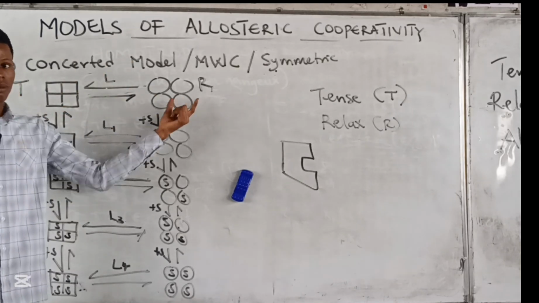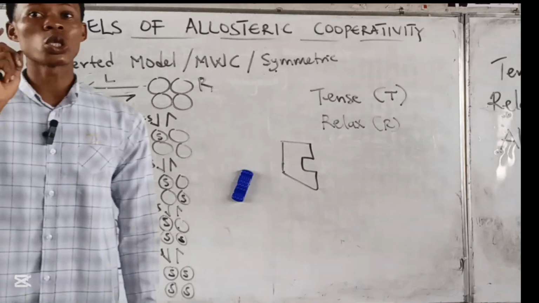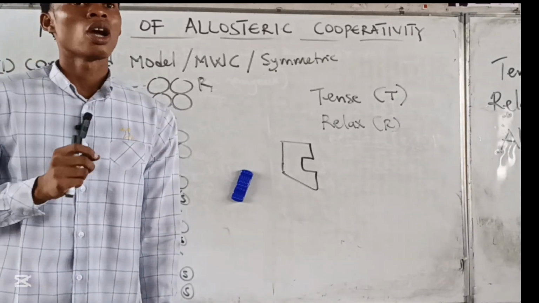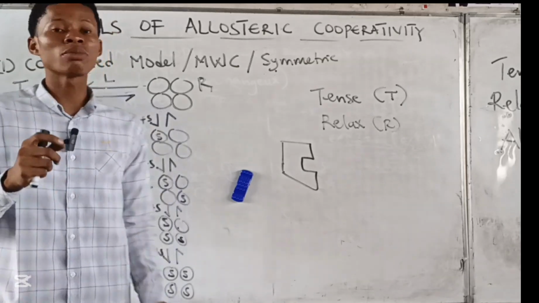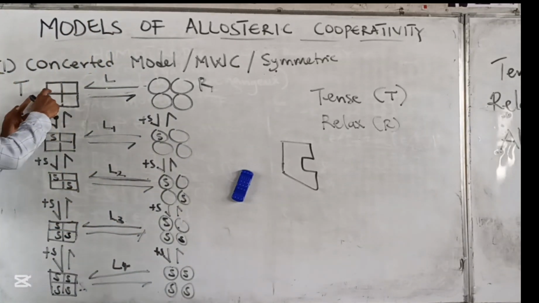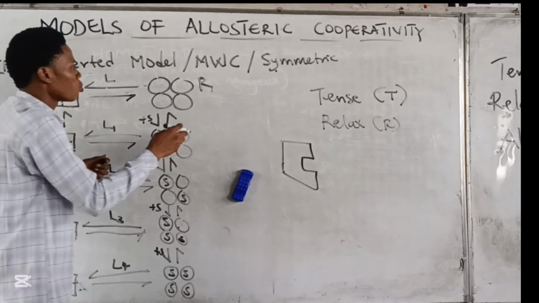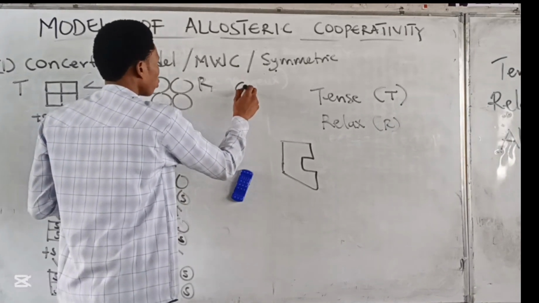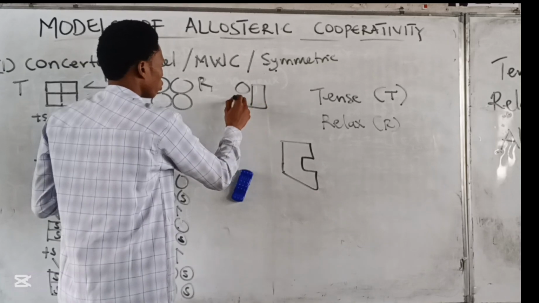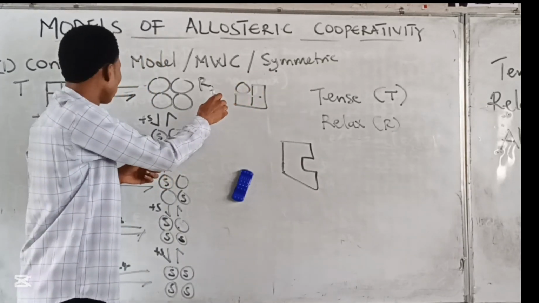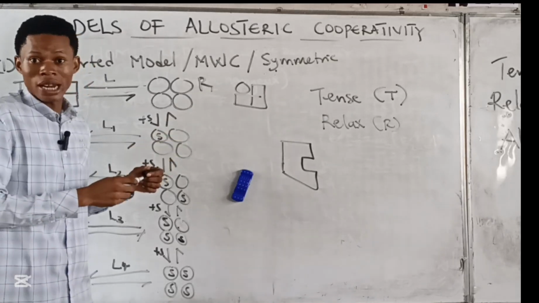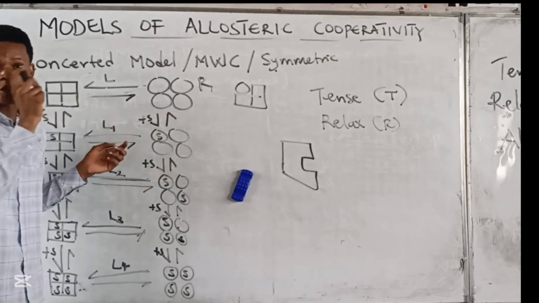Now, one thing you must note about the concerted model, why it is called the symmetric model or concerted model: here we have a tetrameric protein, right? 4 units. Did you see me write something like only one unit changing to the relaxed state? No, all of them are changing at once.